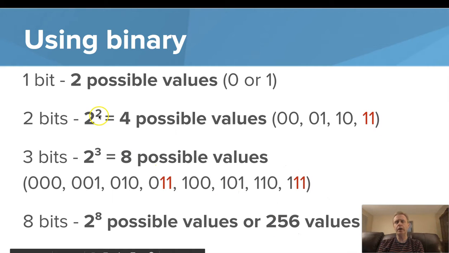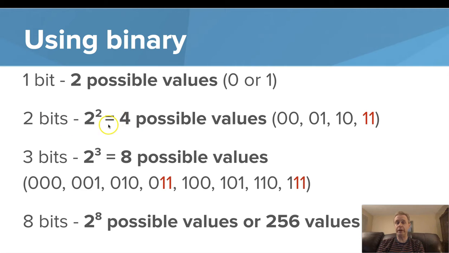And if you recall, the number of bits that we have tells us exactly how many possible values we can store using that many bits. Starting with just one bit, there are only two possible values because we only have 0 and 1. But as we increase the number of bits, the number of possible values doubles, right?